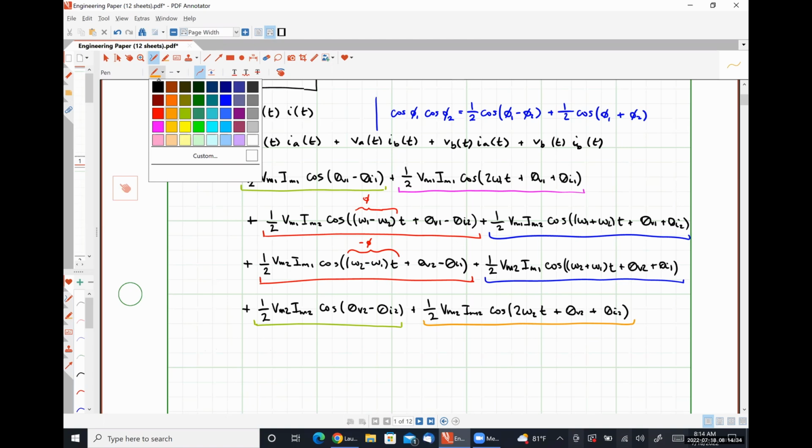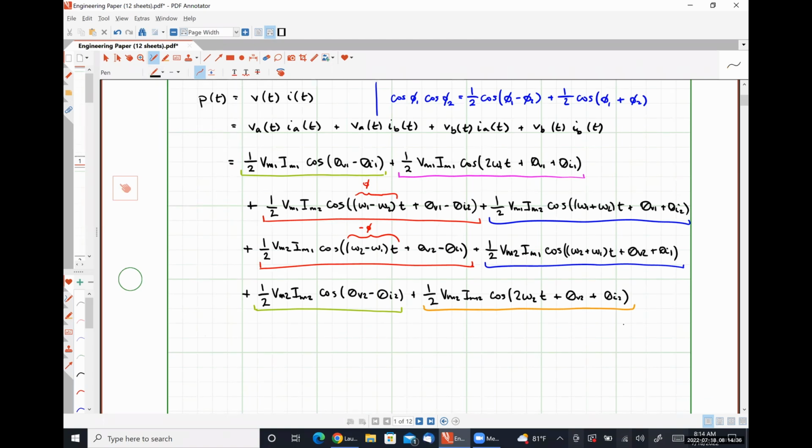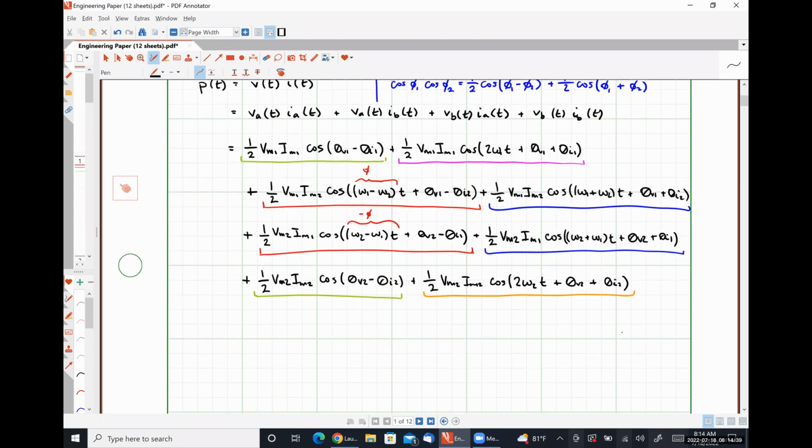Now, the average power absorbed by this circuit is simply the DC contributions, right?